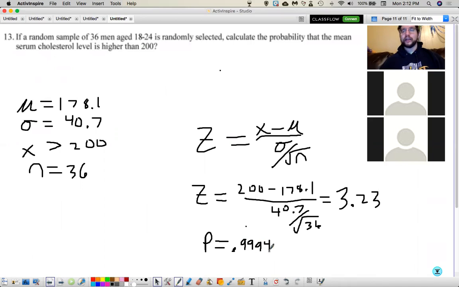But that's the area to the left of 200. We want greater than 200. So what we have to do is apply the rule of complements and do 1 minus that number. So the probability is actually 0.0006.